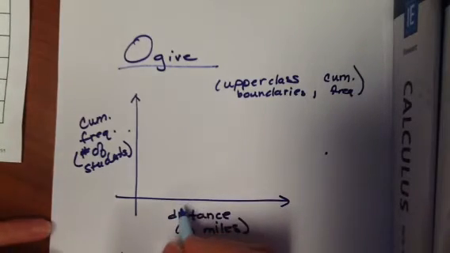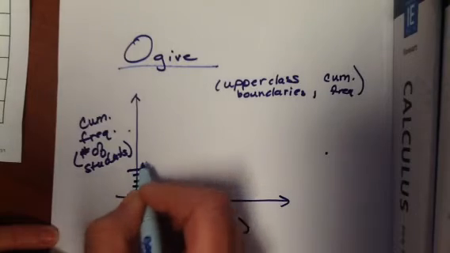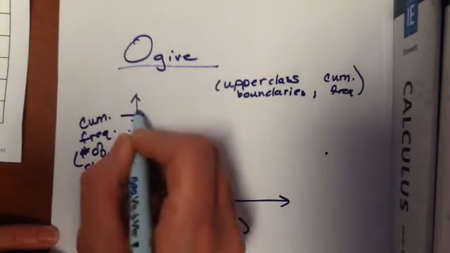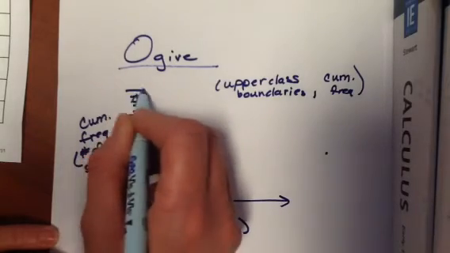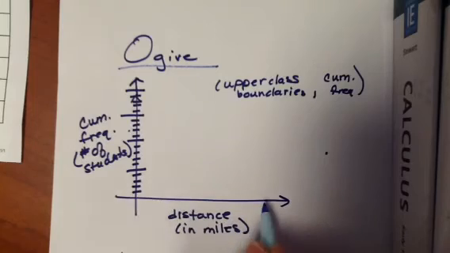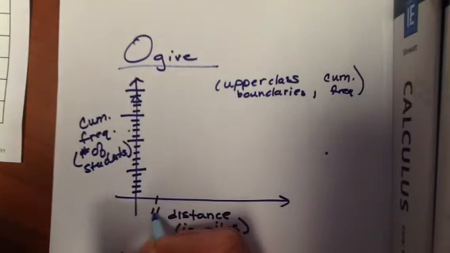So I'm going to need to create some labels here. So 1, 2, 3, 4, 5, 6, 7, 8, 9, 10, 11, 12, 13, 14, 15, 16, 17, 18, 19, 20. Okay? And then on my horizontal scale, I'm just going to go ahead and plot my upper boundaries.